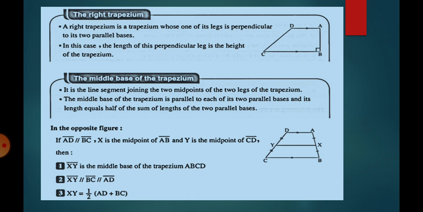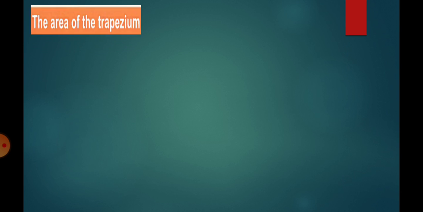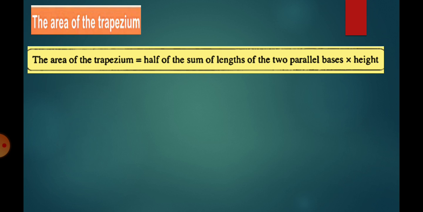The middle base is parallel to the two parallel bases, and its length equals half the sum of the two bases. Then the length of XY equals half the sum of AD plus BC. The area of a trapezium equals half the sum of the two parallel bases times the height.